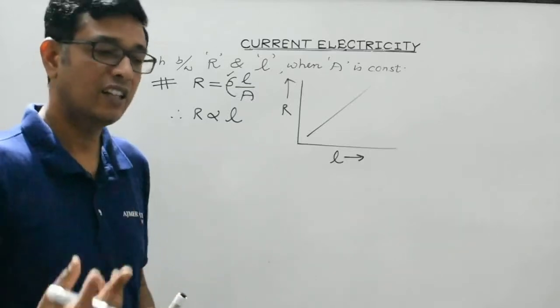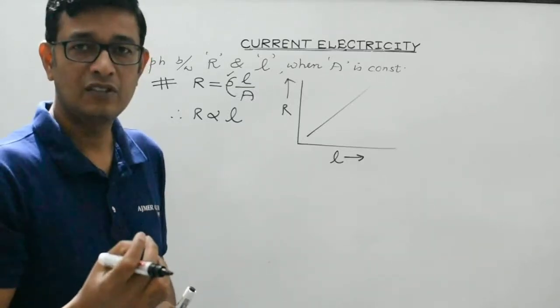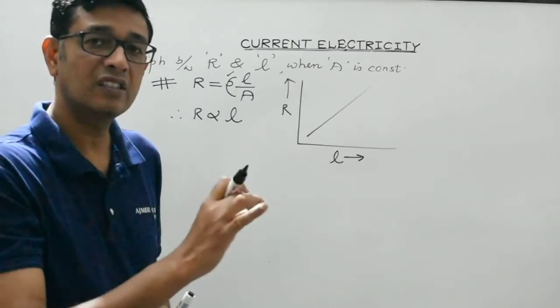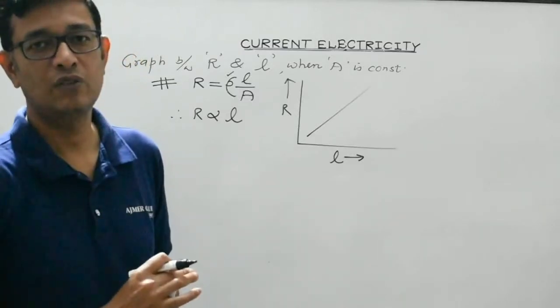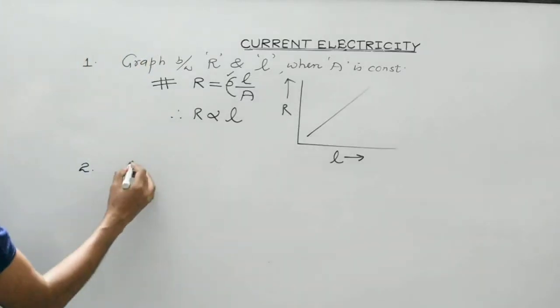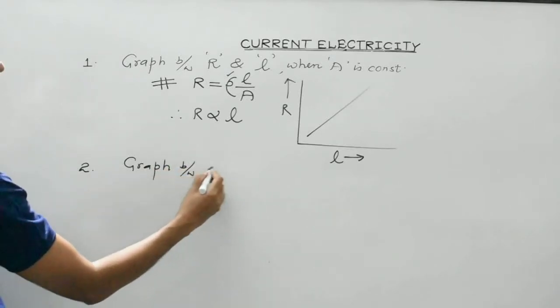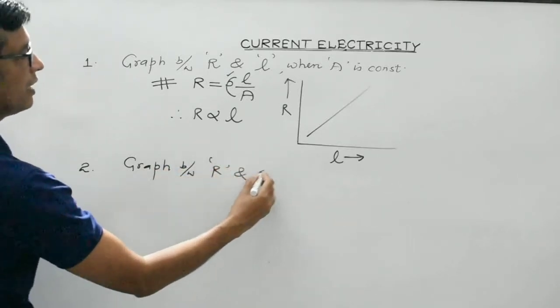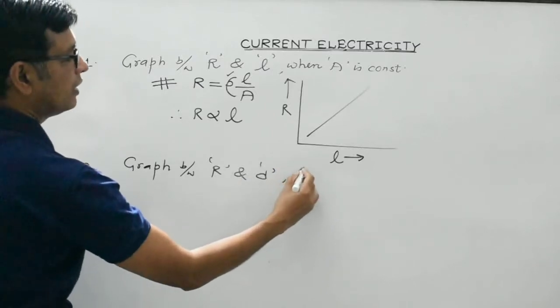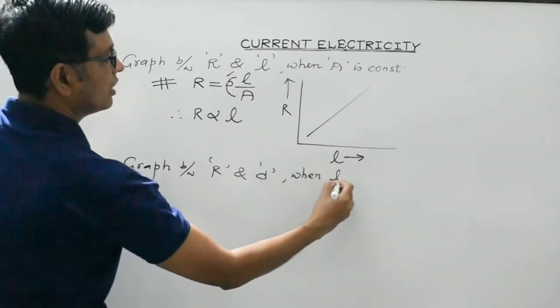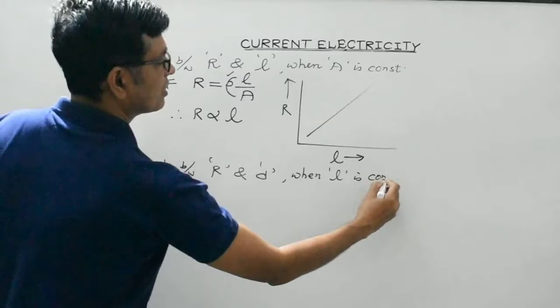In that scenario, we are supposed to plot a graph showing the variation between resistance and the diameter of the wire, when the length of the wire is constant, when L is constant.